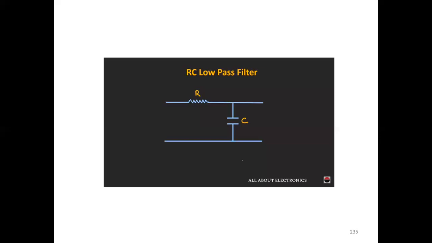Then the adder and subtractor for adding and subtracting signals. Then integration of signals, such as sine wave and cos wave, and differentiation of signals, as discussed in the integrator and differentiator, and the instrumentation amplifier.